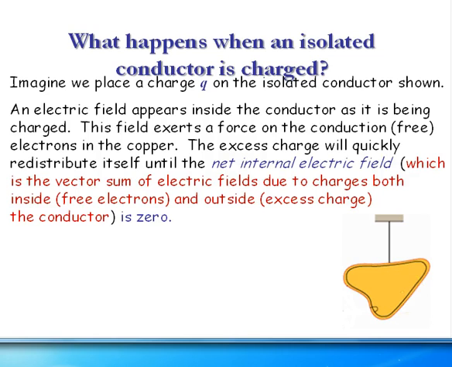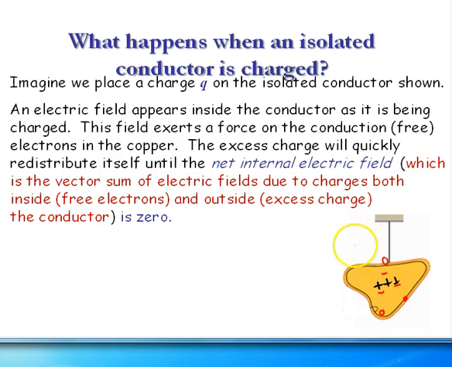So an electric field does have to appear initially for these charges to move. If we have this positive charge here and these negative charges move to it from these different locations, an electric field sets up initially to move these charges.